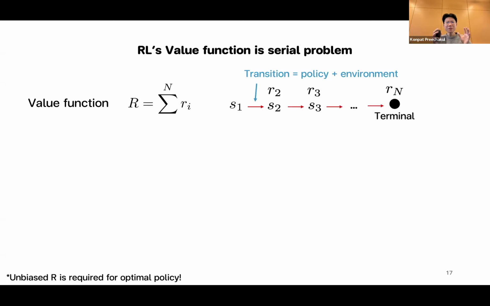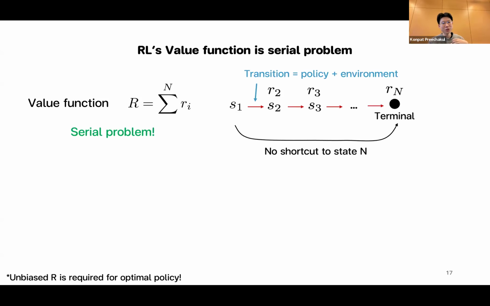So if the environment and policy are complex enough, this summation will have no shortcut. So in a sense, the value function is a serial problem. You just cannot do it without paying a lot of serial compute.